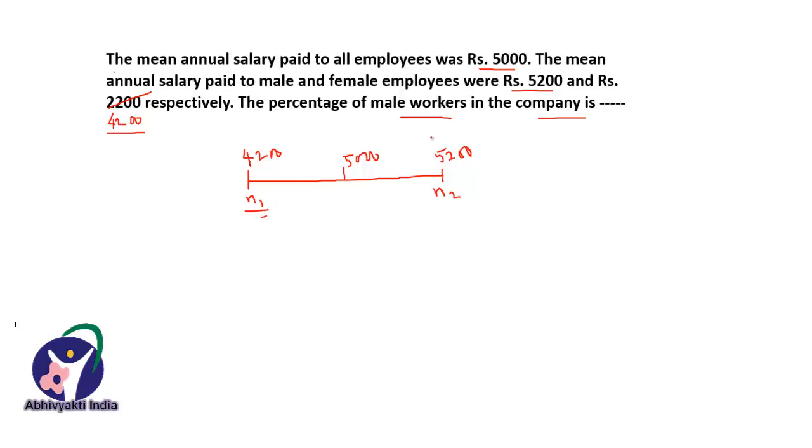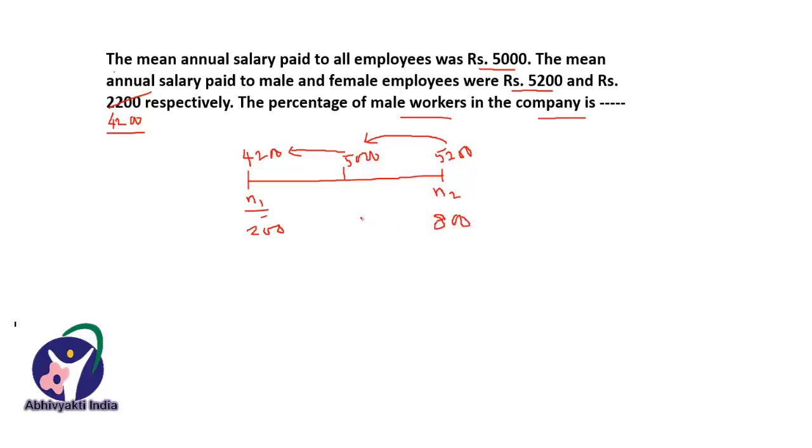So N1 we get as A2 minus AW, that is 5,200 minus 5,000, so it will be 200. And N2 we get as AW minus 4,200, that is A1, so it will be 800.